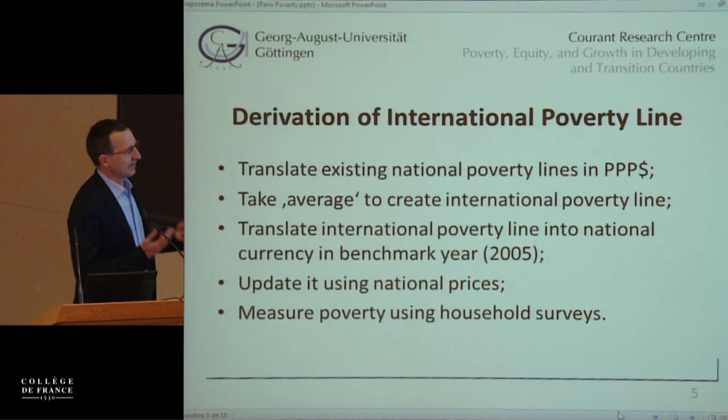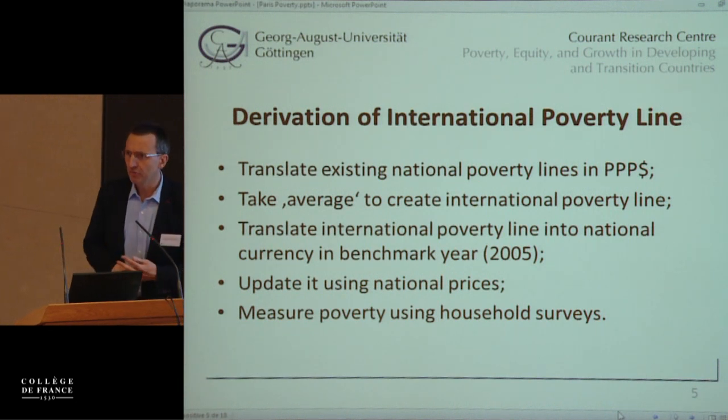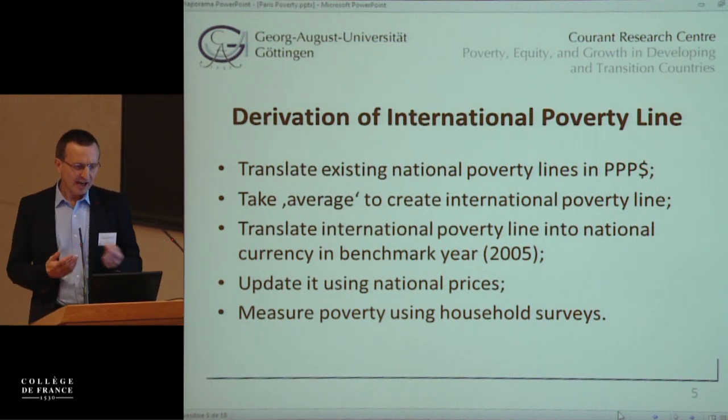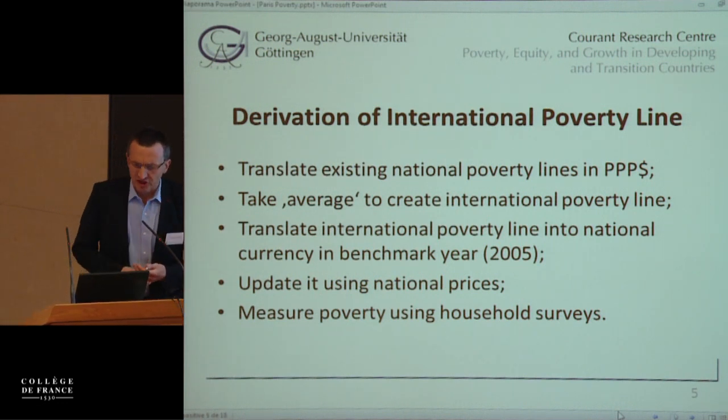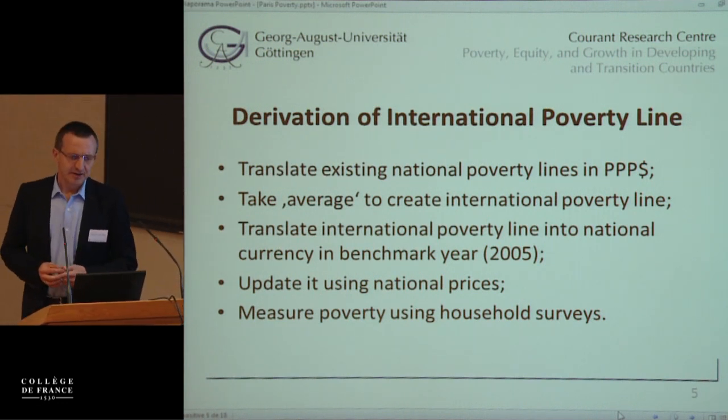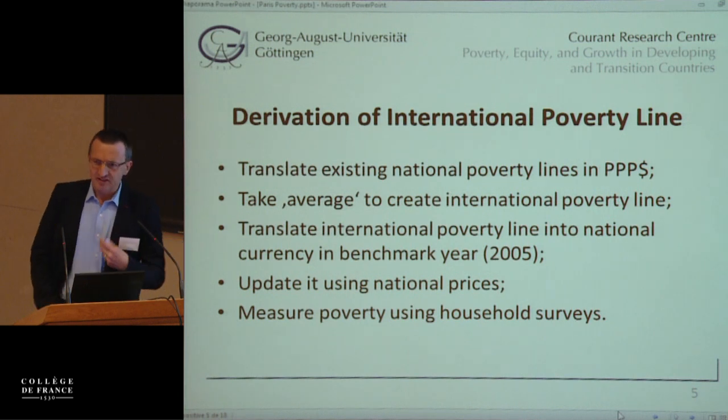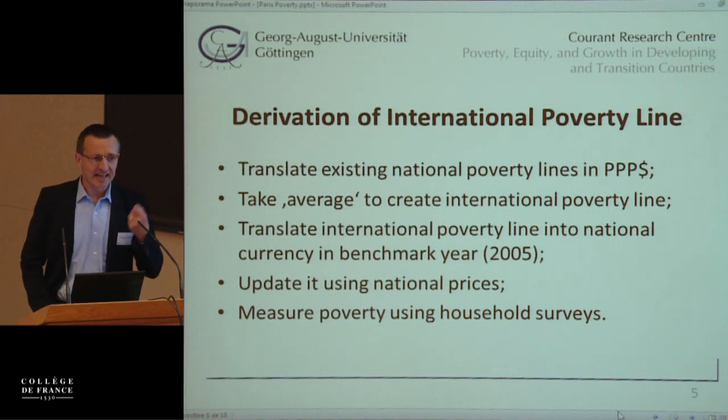So let me first tell you a little bit, as people may not know the details, how this international poverty line, the dollar day, is actually generated. The way it is generated is it tries to ground itself in existing national poverty lines.